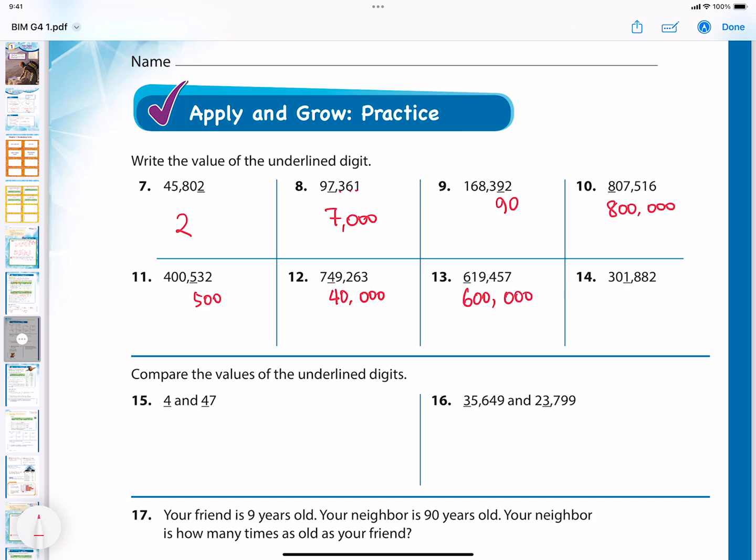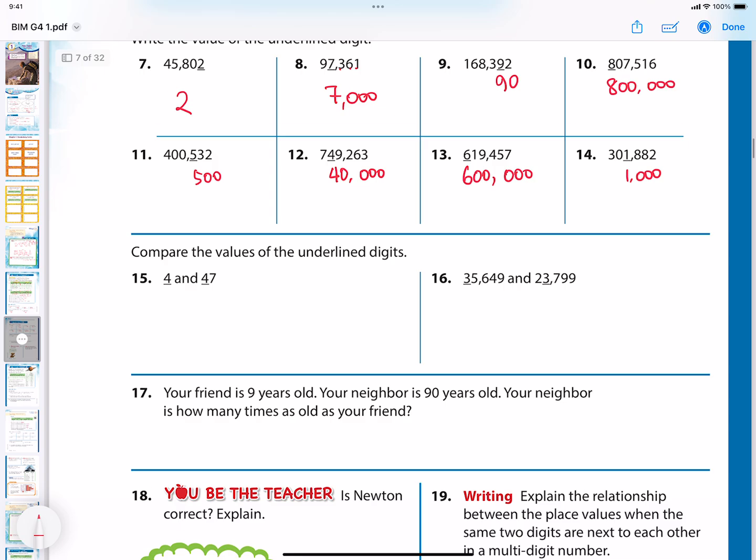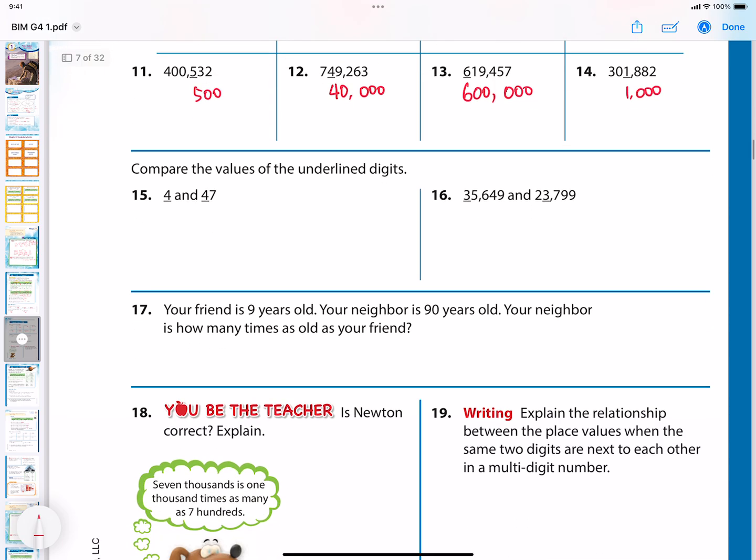I mean, you know what I mean. And this 1 and 3 digits. Okay, this is just kind of like a hack that you can see, okay, how to figure out the value easily and quickly. All right, now compare the values of the underlined digit.